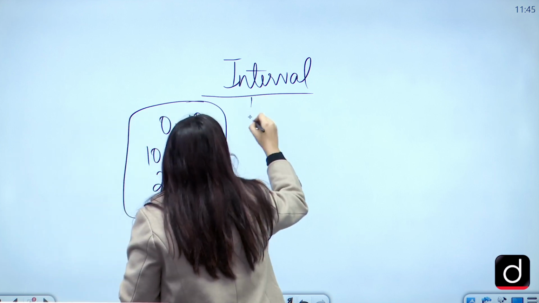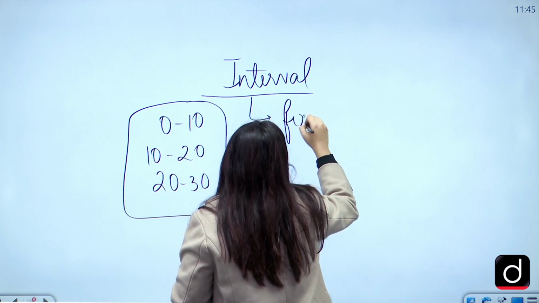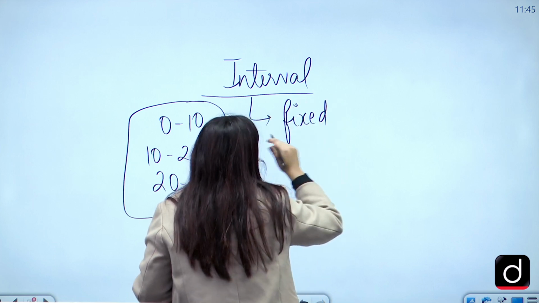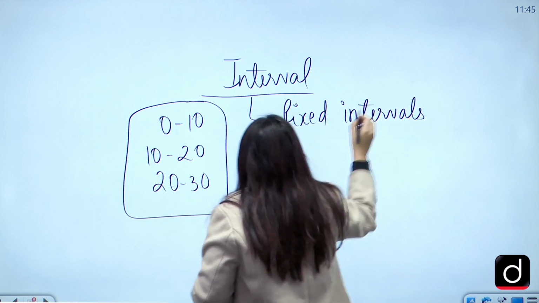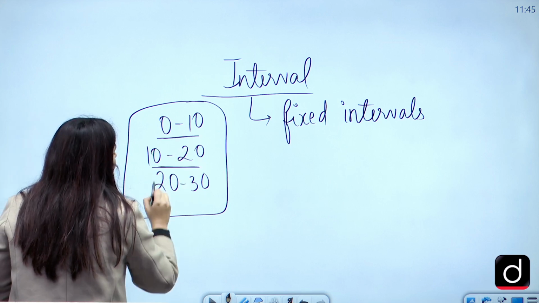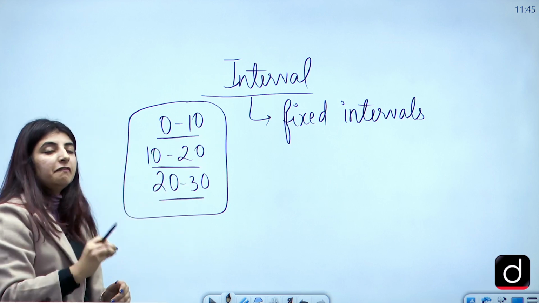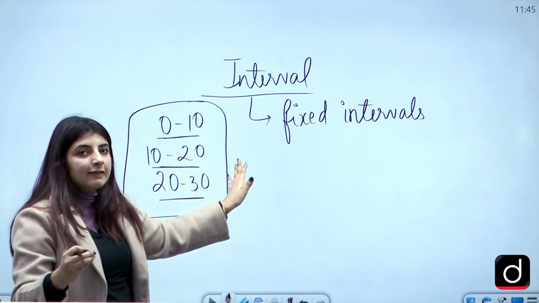So here in interval, we have fixed intervals. First of all, we'll be talking about the unique characteristic. The fixed intervals are there, which means that same 10, 10 and 10 differentiation, the interval is fixed there, correct? Hence, it is named as an interval scale.